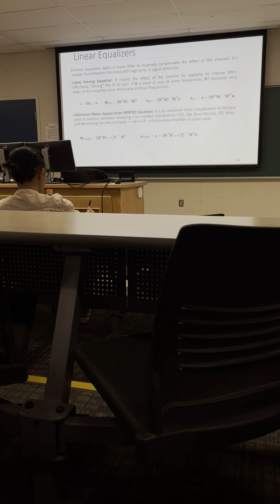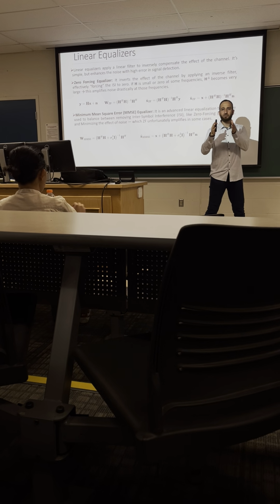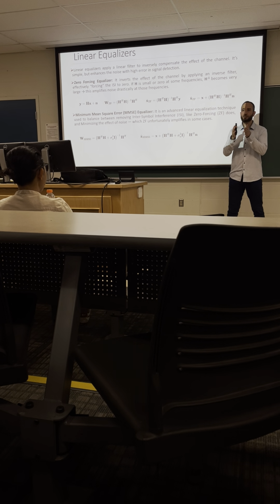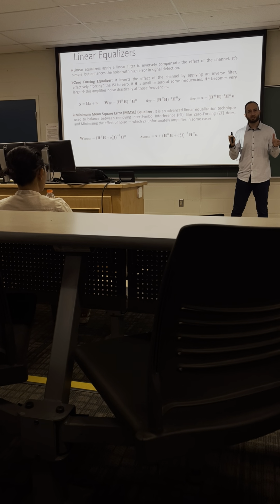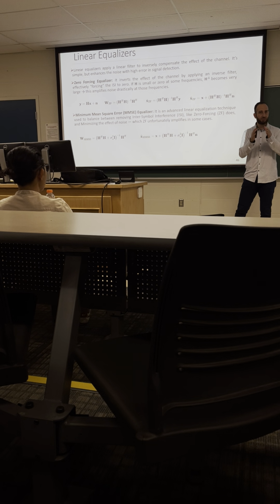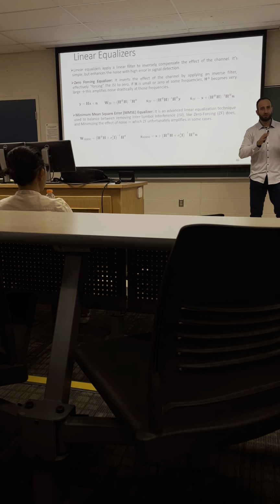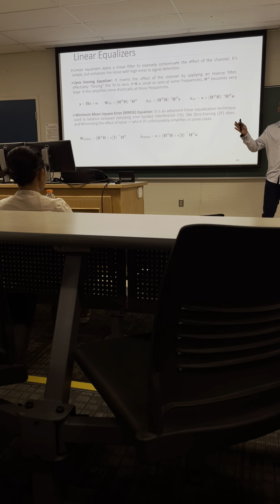So if I have the received signal like that, I use the weight of the filter, or the transfer function of the filter, to be the inverse of the channel. Actually, this is the pseudo inverse. You are supposed to be familiar with linear algebra. For example, if you have a channel matrix H and this channel is a square one, like 3 by 3 or 4 by 4, then you can obtain the inverse of it.